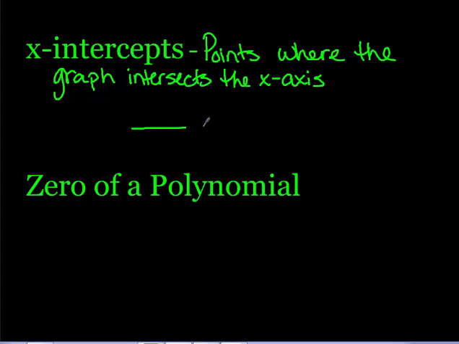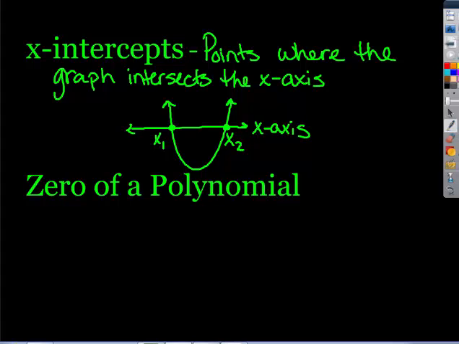So if we are looking at a graph like this, let's say this is our x-axis, and our parabola somehow looks like this. We have some value and some value, x sub 1, let's call it, and x sub 2. These are my two intersections or x-intercepts of that graph.